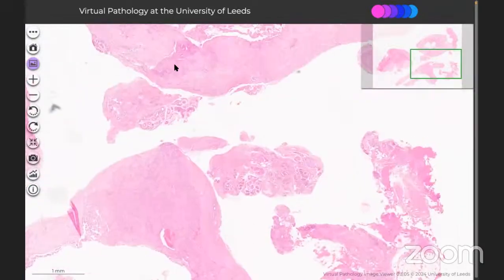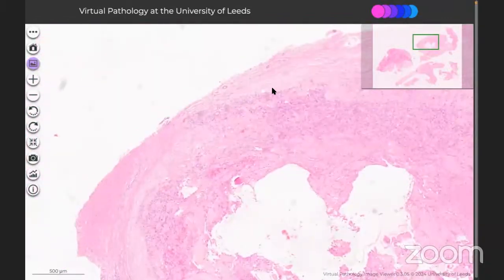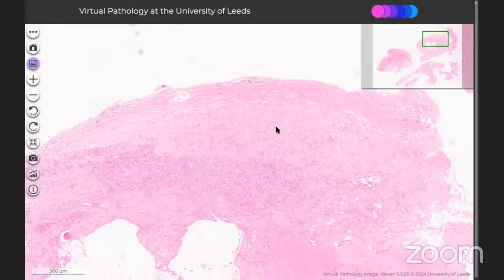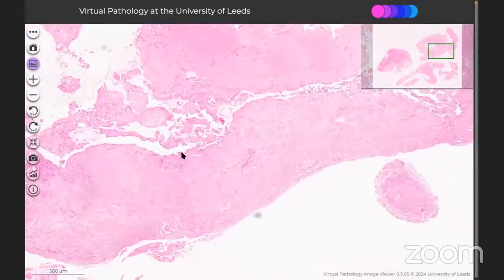And if you go to the other bits, you see that this is a cyst-like area which is lined at the outset with a dense fibrous capsule-like structure.